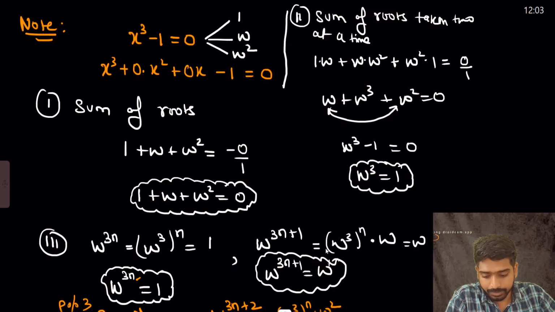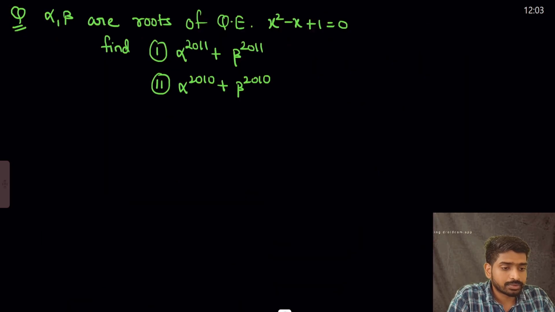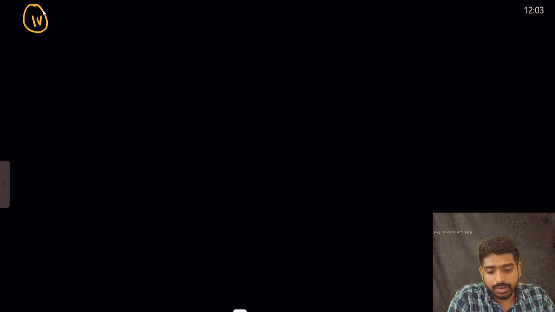Next, the fourth point. The fourth point is: what is 1 plus omega to the power r plus omega to the power 2r?